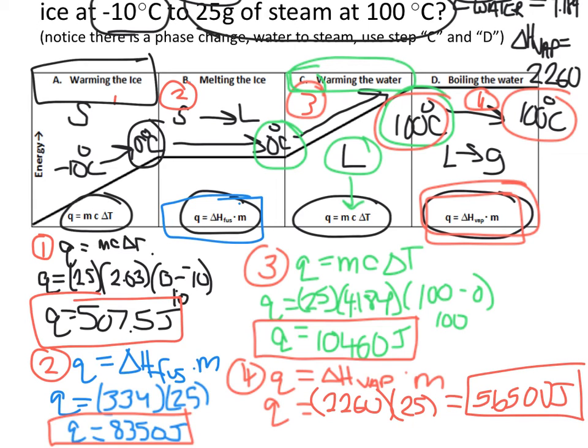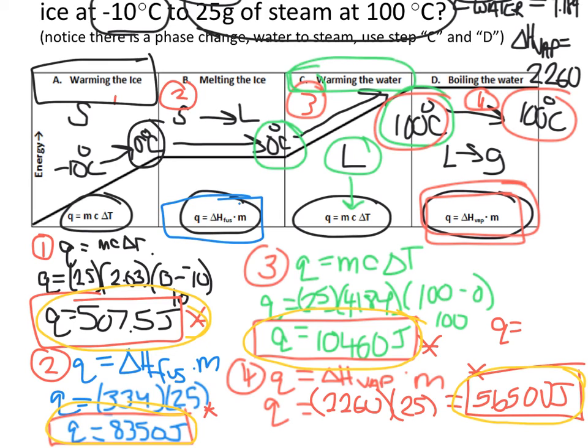So I've blocked off all the 4 energies, part 1, part 2, part 3, and part 4. If we're looking for the total energy of the system, that means I would need to add up 507.5 plus 8,350 plus 10,460 plus 56,500.